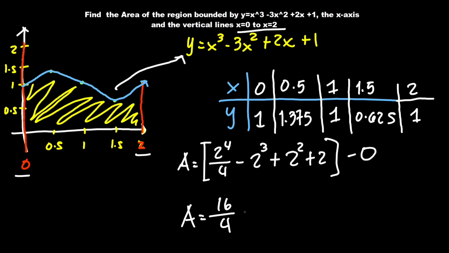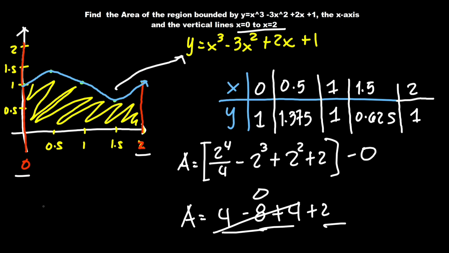Divide by 4. Minus 2 cubed would be 8. Plus 2 squared would be 4. Plus 2. 16 divided by 4 would be equal to 4. And so 4 minus 8 would be equal to negative 4 plus 4 would be 0. So you're left with simply 2 square units.